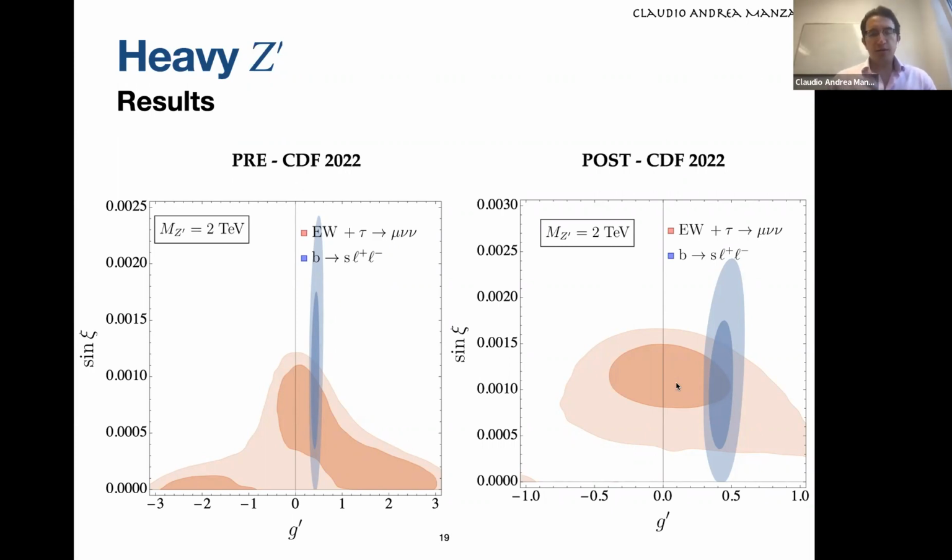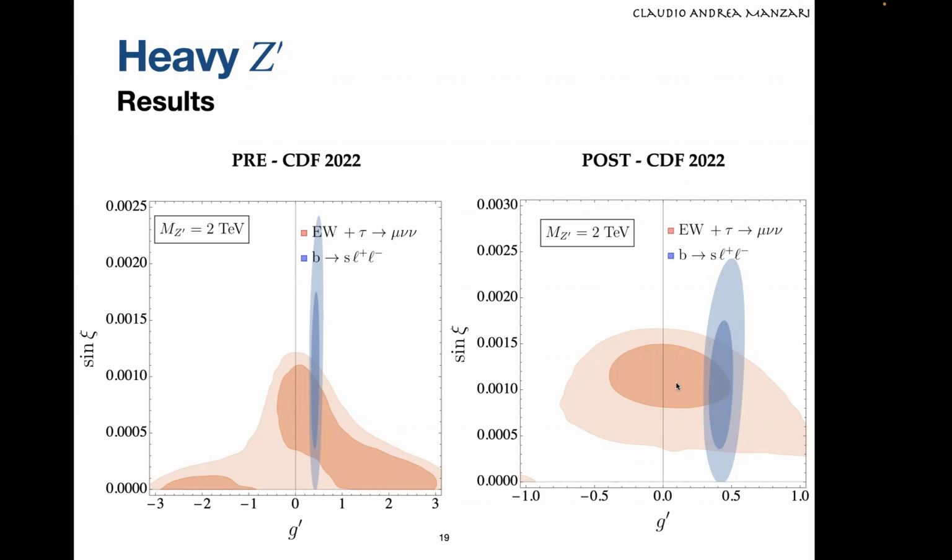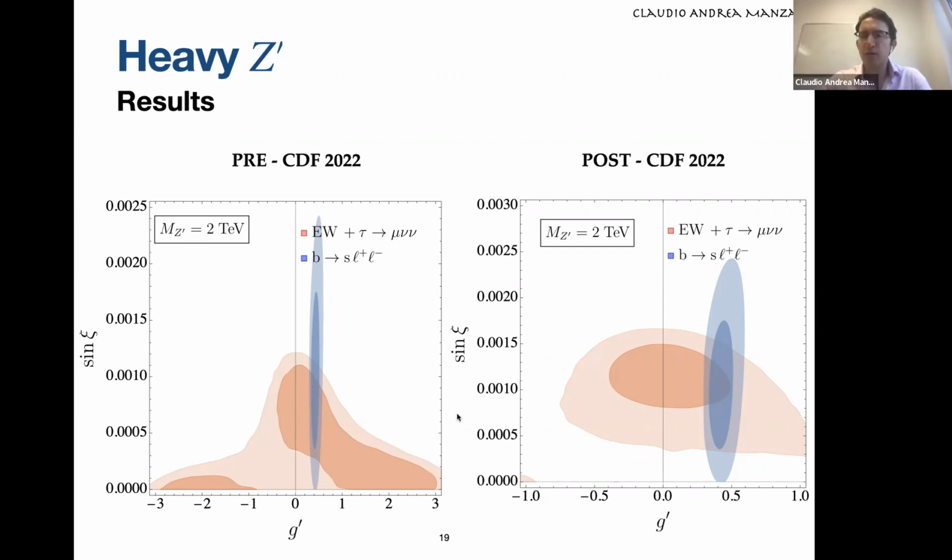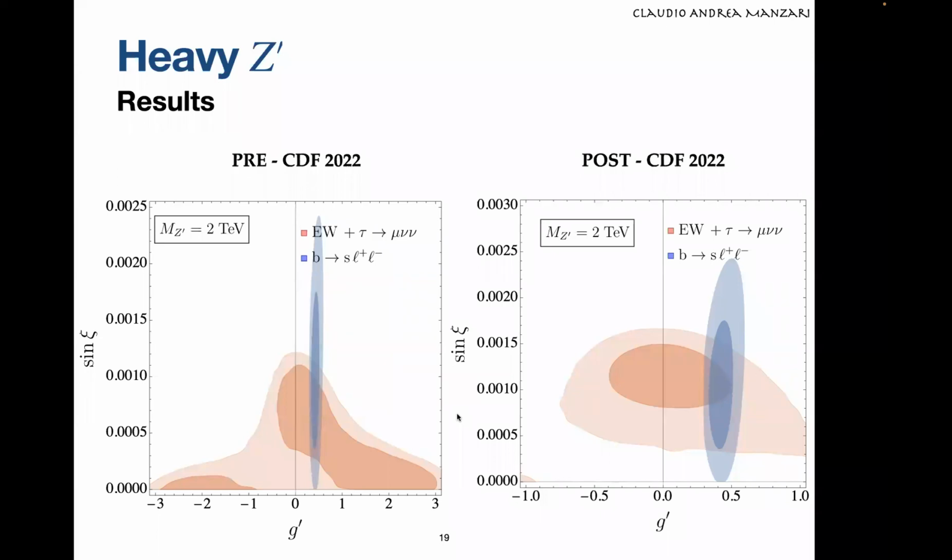Okay, so this was... excuse me. Yes, please. On the right panel, compared to the left panel, G prime tends to go to 0, right? In the left panel, G prime is from roughly 0 to 2.5 or 3, something like that.